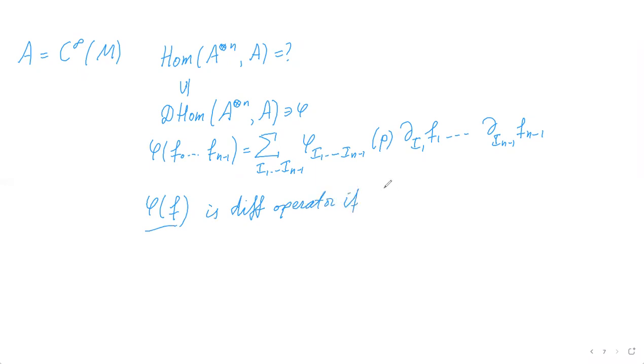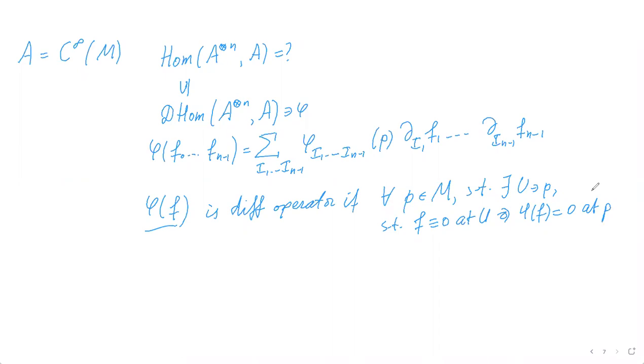if for every point P in the manifold there exists an open neighborhood of this point P such that if f is identically 0 on this neighborhood, then phi of f will be equal to 0 at P. So this is more or less how they describe these differential or local cochains on smooth compact manifolds.